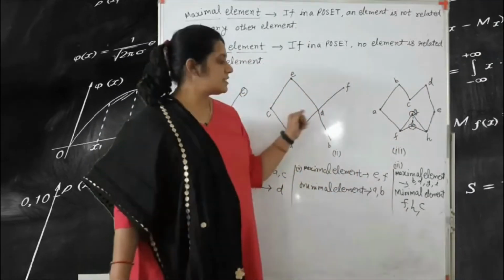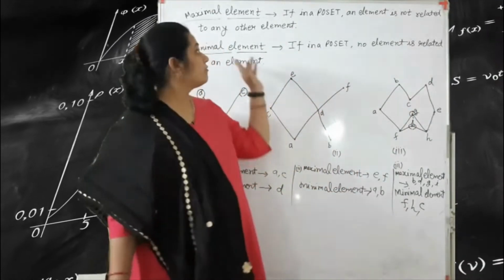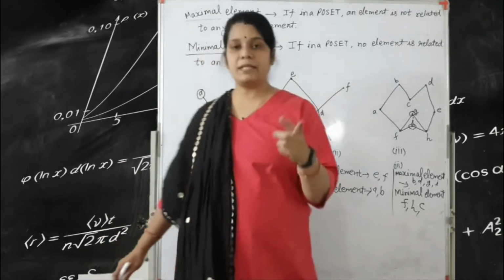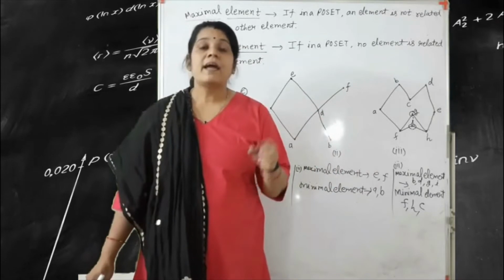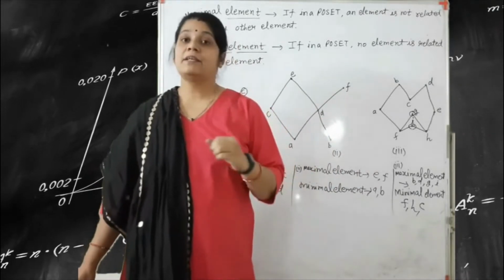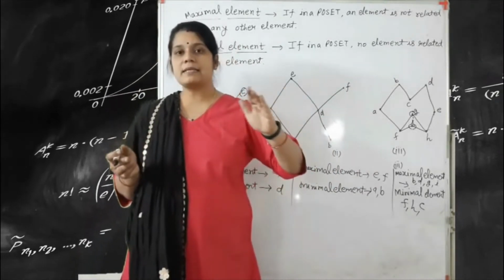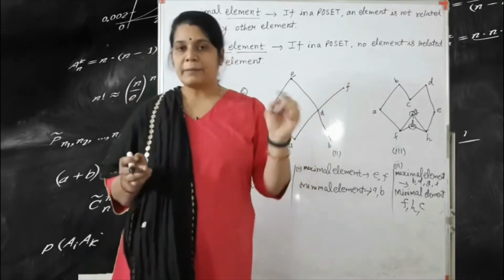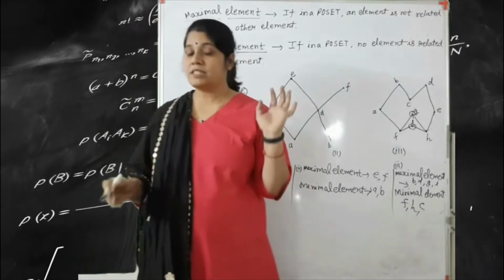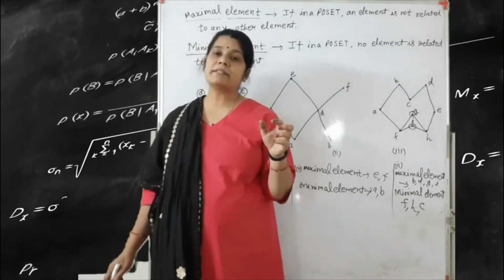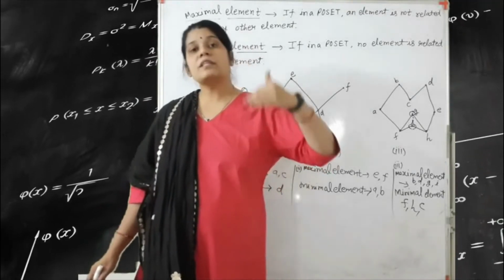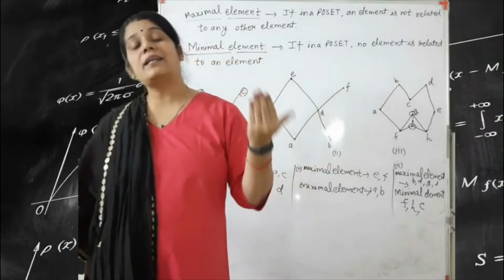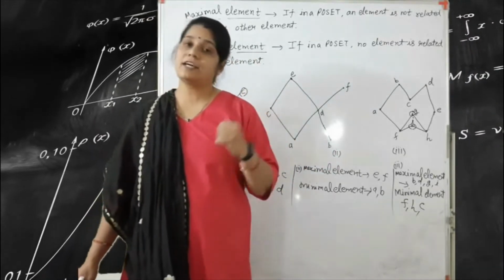Okay, so this is a very important point about the maximal element and minimal element. Our next topic is maximum element and minimum element. So what is the difference? Maximal, maximum, minimal and minimum. Maximal element means that, according to your Hasse diagram, one or more than one maximal elements are present in the Hasse diagram.